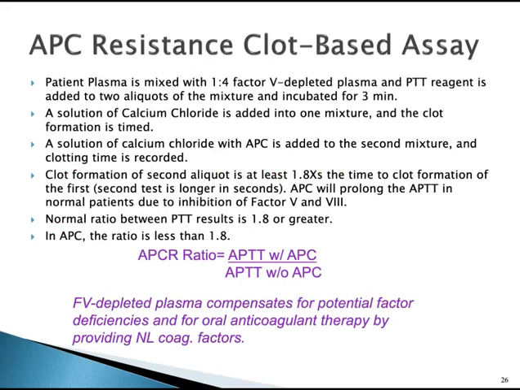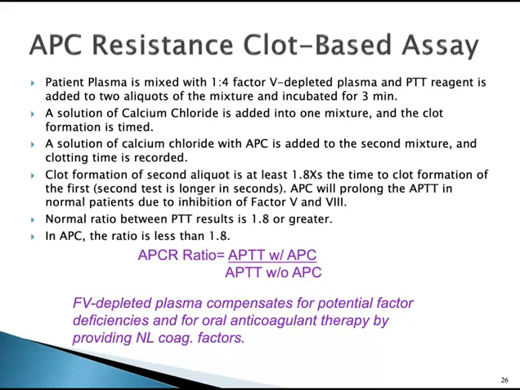All right, so here is a way in which we can detect activated protein C resistance using clot-based assays. You take the patient plasma and mix it with 1-to-4 factor V depleted plasma and the APTT reagent. You add that to 2 aliquots of the mixture and incubate for 3 minutes.